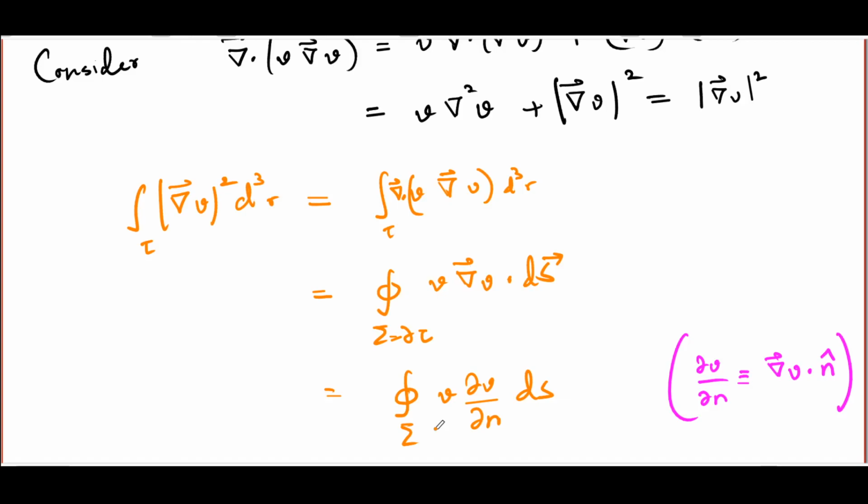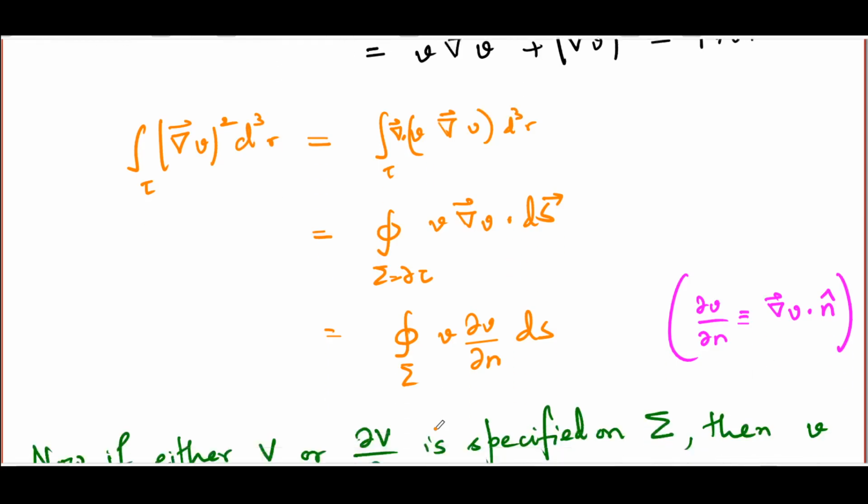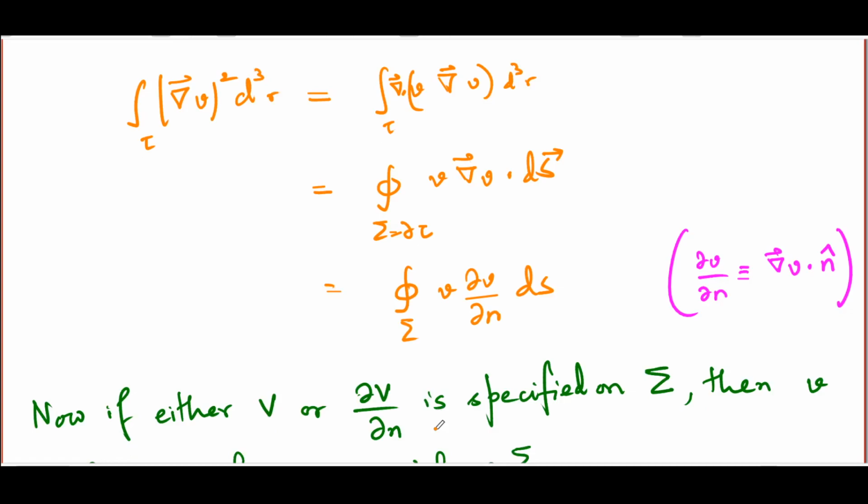Since the Poisson equation is a second order partial differential equation, its solutions will definitely depend upon the boundary conditions. Now let's say capital V, the potential that we are trying to find out, or its normal derivative del V del n, is specified on sigma. That is, your problem actually states that okay, rho of r inside tau is this much, and on the surface sigma, V has to be this much.